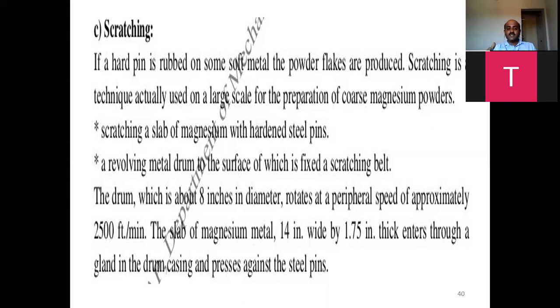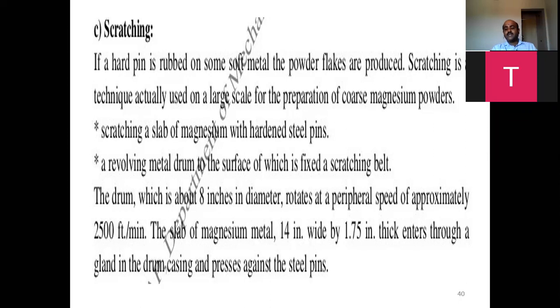So the process of scratching generally uses a revolving metal drum, to the surface of which the scratching belt is fixed. The drum will be 8 inches in diameter, and this drum will start rotating at approximately 250 feet per minute.